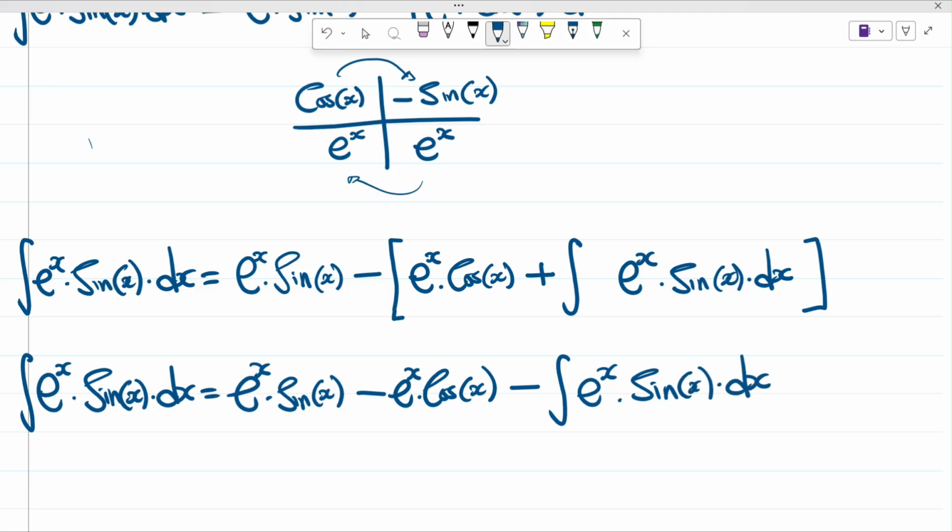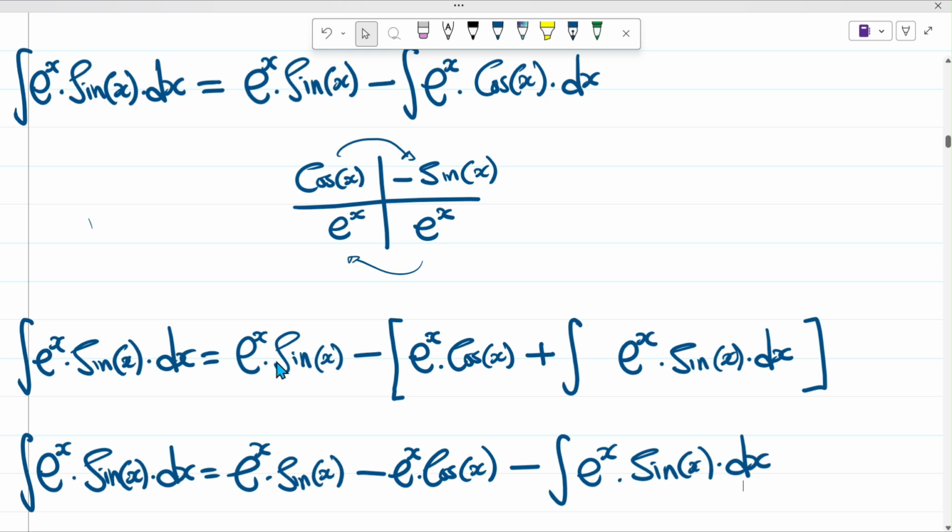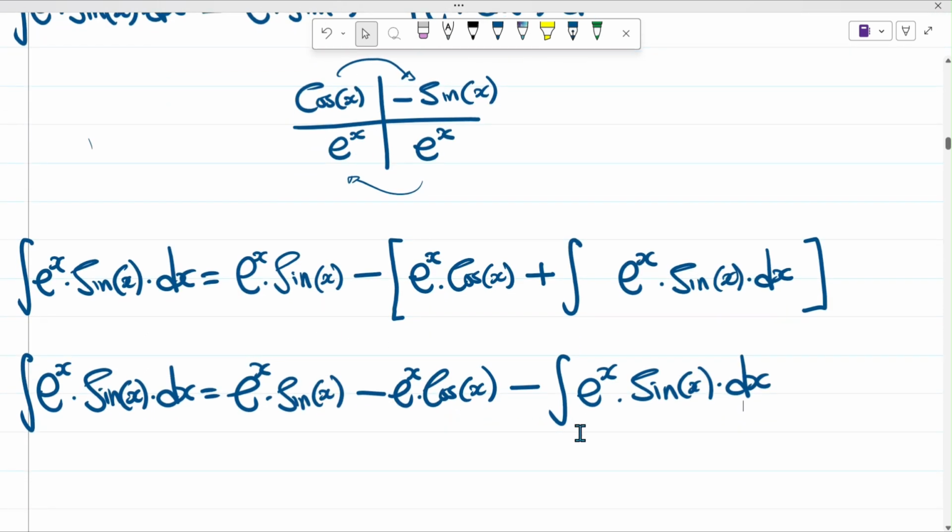So what happened, guys? Look, now again, integration by parts is coming back again. So that means we should integrate by parts again, until we don't have integration by parts.